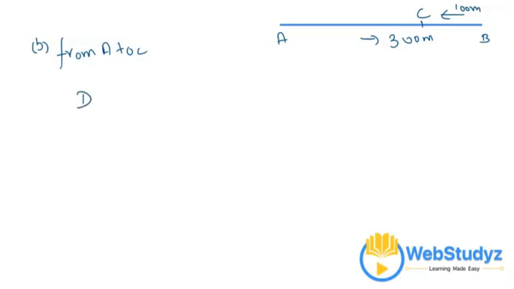So total distance D covered is equals to 300 meters plus 100 meters, sum total of 400 meters.